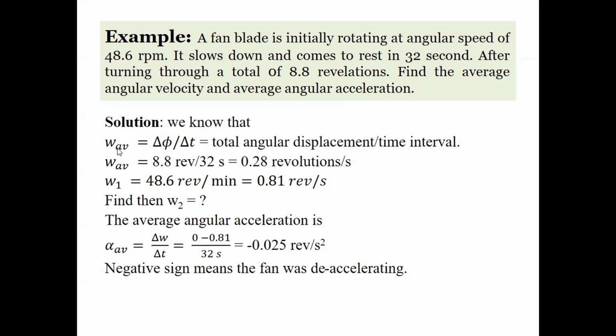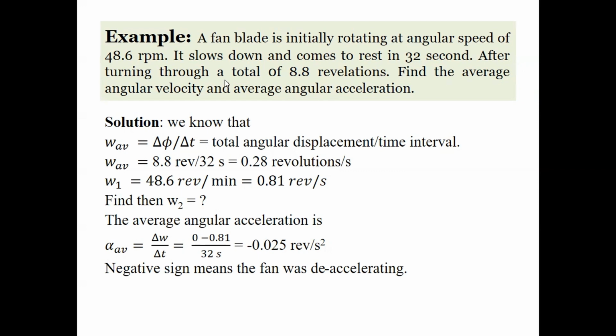We know very well that the average angular velocity is delta phi over delta t, the total angular displacement divided by the time interval. And we are given here the 48.6 revolutions per minute, and the total time is also given to us, 32 seconds.